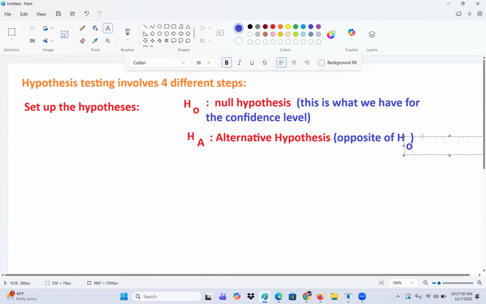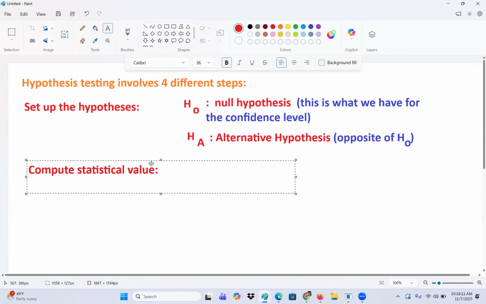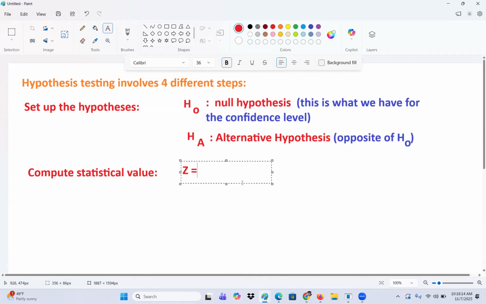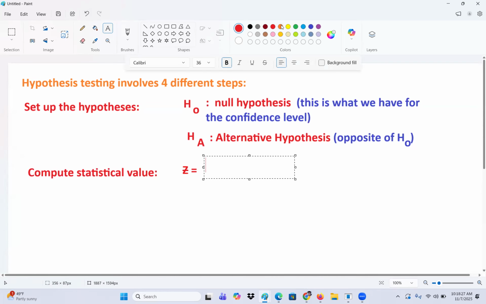And then the second step that we have to get done is to compute the statistical value. There are many ways we can do it, but for chapter eight only, we're going to use either the z-test, which we have learned from chapter six or objective five.